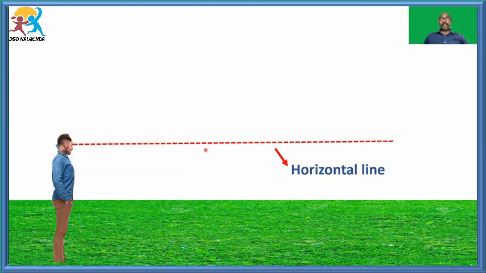Next, line of sight. What is line of sight? So now the person is looking at something. What is he looking at? He is looking at a flight which is flying in the sky.